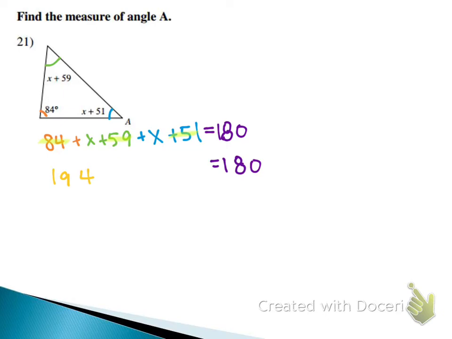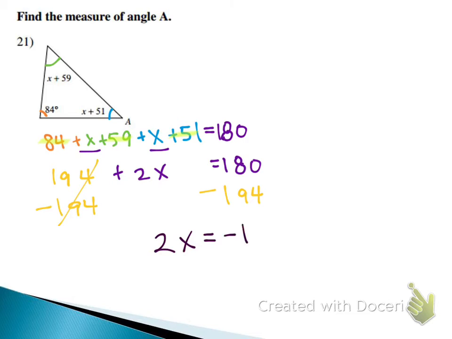All right, and then combine x and x, which makes 2x. Subtract 194 on both sides. 180 minus 194 is negative 14. Divided by 2, and x is negative 7.